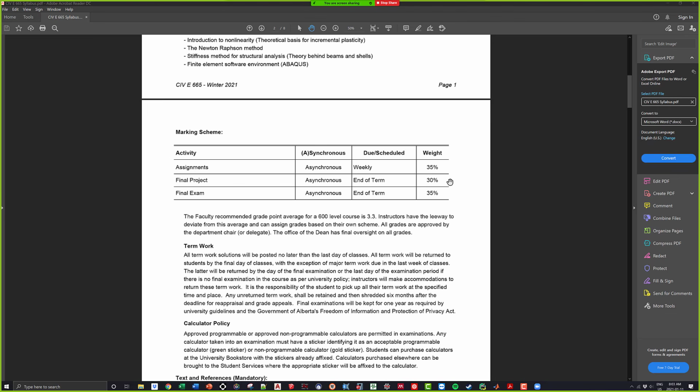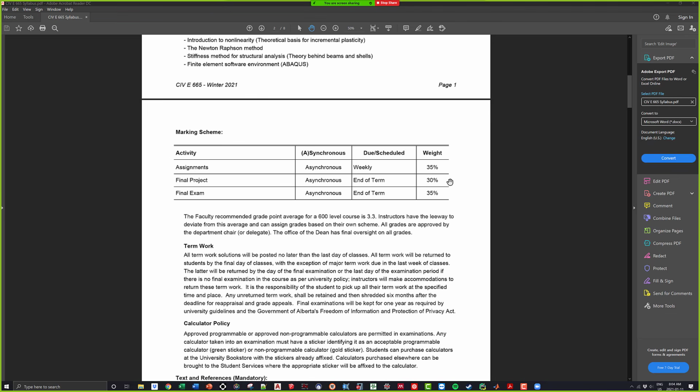Now, the second thing that we have is a final project, which is going to be due at the end of the term. It's going to be worth 30%, and we're going to talk about that a little bit later. Even though I'll get into more specifics later, it's a very open-ended project. Basically, you can use any finite element software of your choice and solve a problem of your choice.